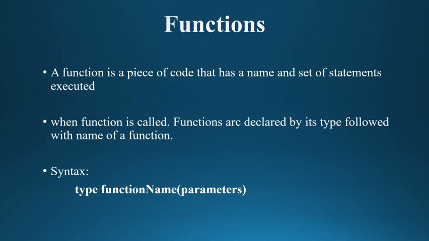We can perform the set of actions given inside a function, which follows a particular syntax: type, function name, and the parameters used, through which we can perform a set of activities. It contains a certain set of statements to be executed, and a function has a particular name.